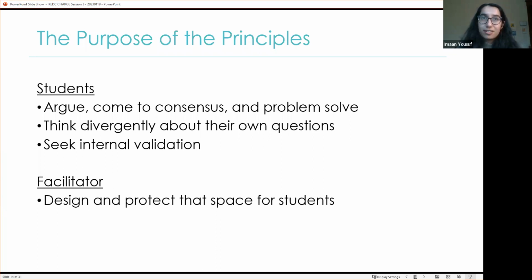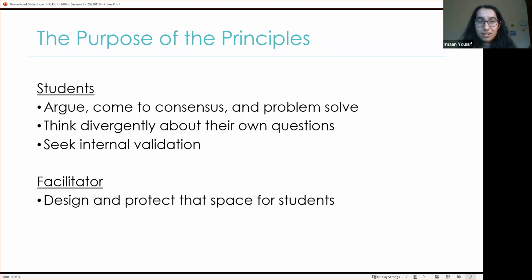And you're putting this work back onto the students to think really divergently and broadly about their own questions. And also, as you saw in the video too, it's an opportunity for students to seek internal validation or validation from their peers, saying like, that's a great question, or let's put that down.